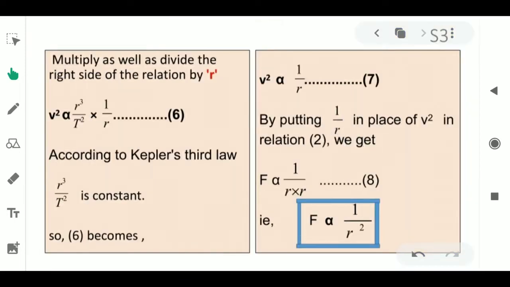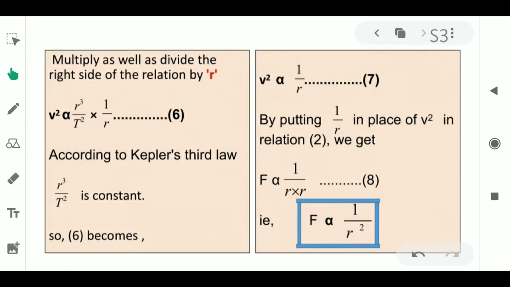Then the equation becomes F proportional to 1 by r into 1 by r, that is F proportional to 1 by r square. Which means that the gravitational force between the sun and a planet is inversely proportional to the square of the distance between them. So very important.